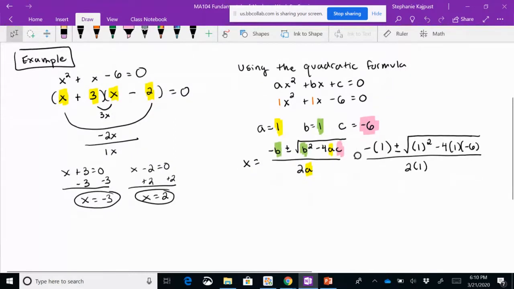So order of operations, just as a refresher, is PEMDAS. So we have parentheses, exponents, multiplication, division, and addition and subtraction. When it comes to the quadratic formula, your first step would be simplifying inside the square root.